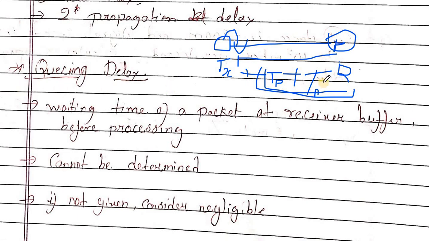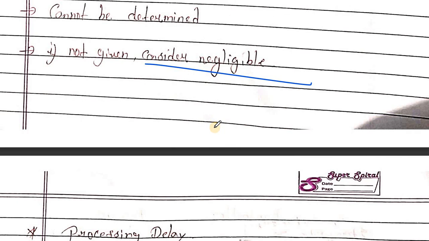That waiting time is known as queuing delay. It can't be determined. If it is given in the question, we use it to solve the question. But if queuing delay is not given in the question, we consider it negligible.